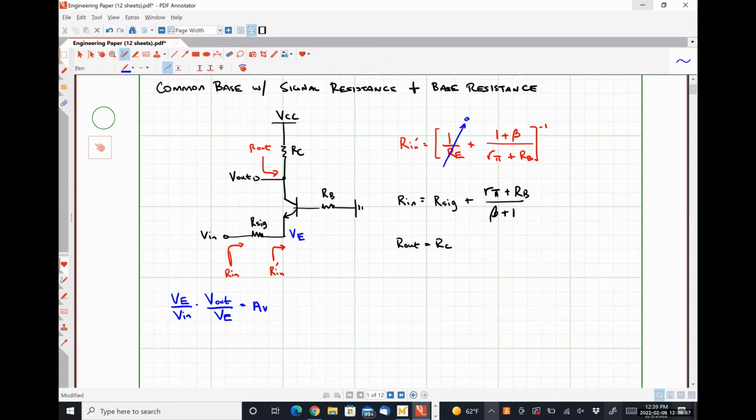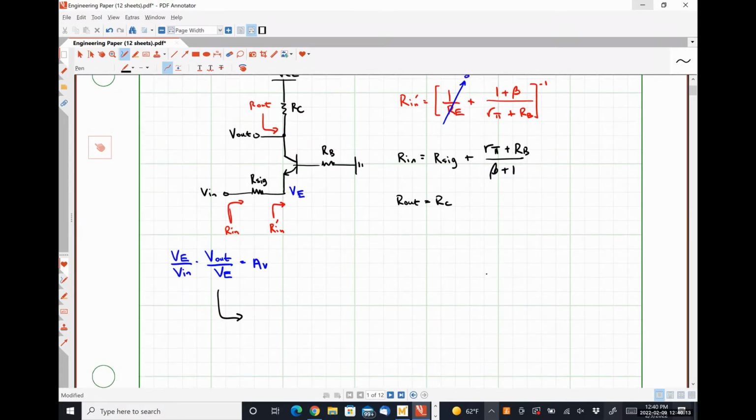Does it? So this term right here, Vout over VE, looks like beta RC over R pi plus RB from our previous notes. Okay.